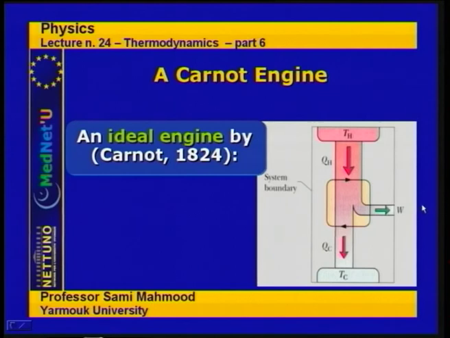It does work, and this work we can usually use to perform some jobs, and in the meantime it exhausts an amount of energy Q sub C to the reservoir, which is at temperature T sub C.